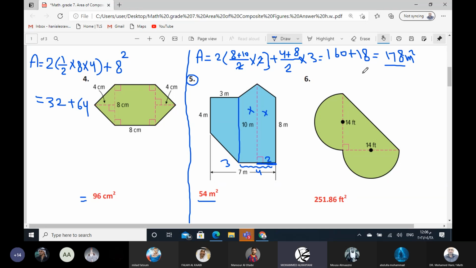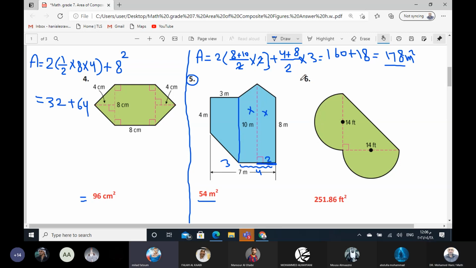My answer here is 178, and the right answer will be 54. So I have a mistake in my solving. Who can tell me what is the mistake? Mister, the parallelogram.